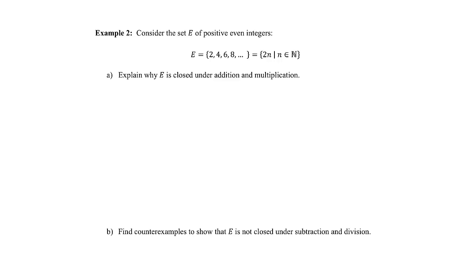So let's explain why the set of even positive integers is closed for some operations and it's not closed for some other operations. So let's consider this set of 2, 4, 6, 8. We have positive even integers.